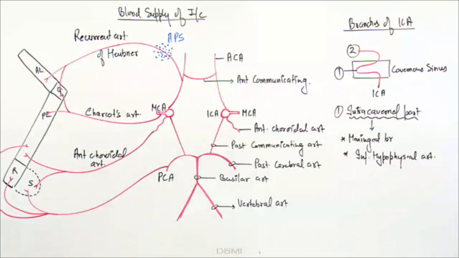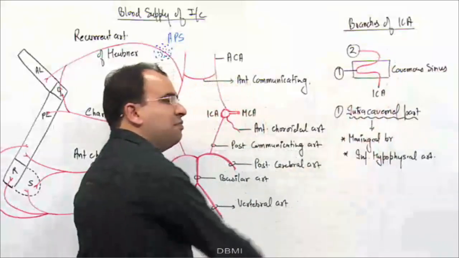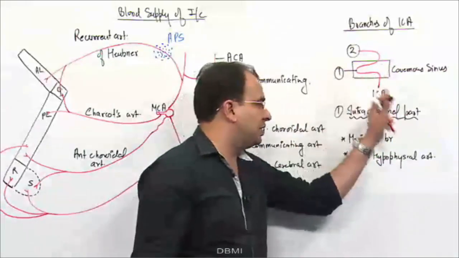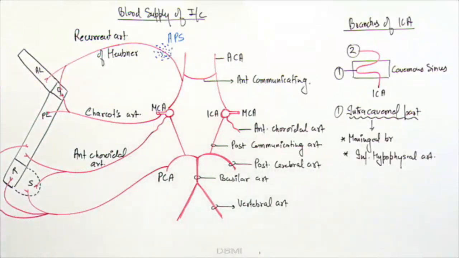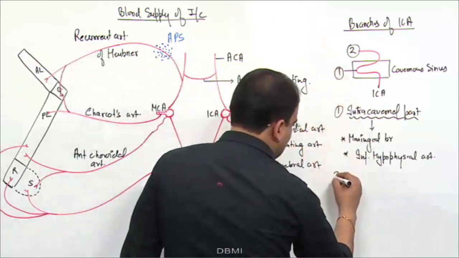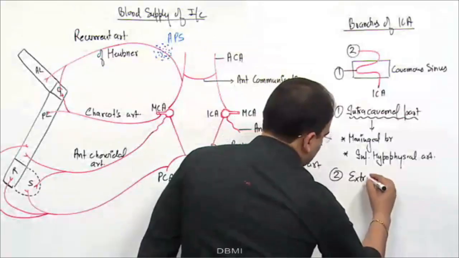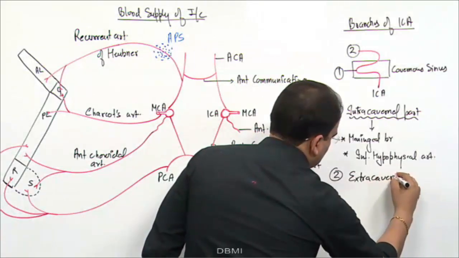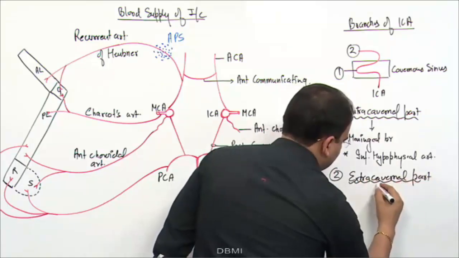So, when the internal carotid artery is running inside the cavernous sinus, it gives off meningeal branches to the walls of the cavernous sinus and the inferior hypophyseal artery. Once it comes outside the cavernous sinus, that is the second part, the extracavernal part or cerebral part of the internal carotid artery.